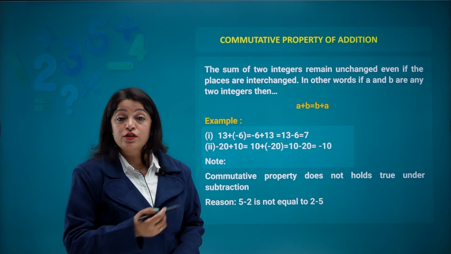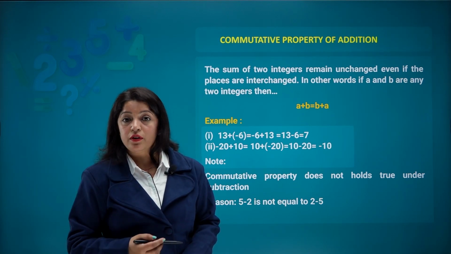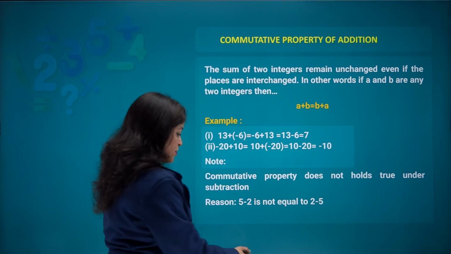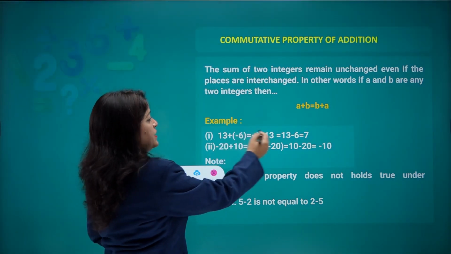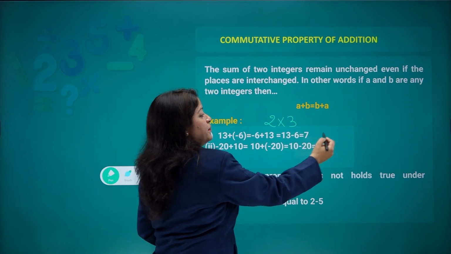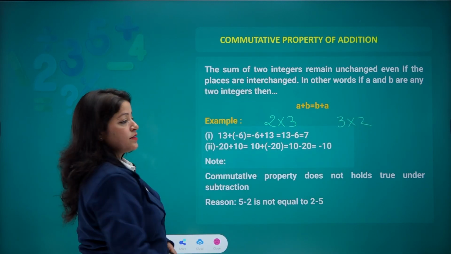Let us check, is it true for multiplication also? Likewise, it is true for addition, but does not hold true for subtraction. So is it true for multiplication? If I multiply any two numbers, for example, 2 times 3, and if I multiply 3 times 2, will the result be the same?